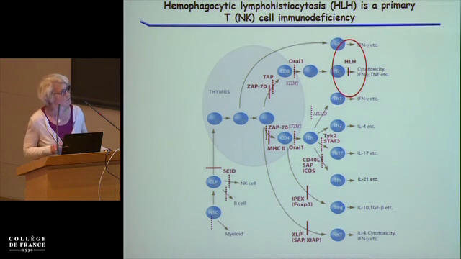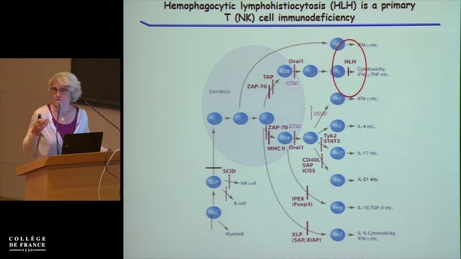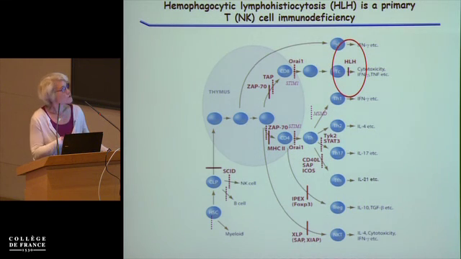And this is the case for a group of disorders which specifically affect the cytotoxic activity of T lymphocytes and natural killer cells. The defect leads to a unique phenotype, which is called hemophagocytic lymphohistiocytosis, or HLH.